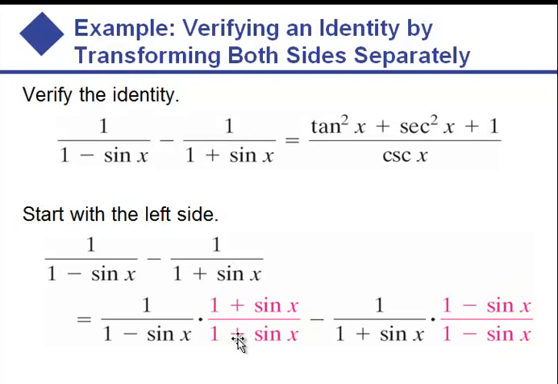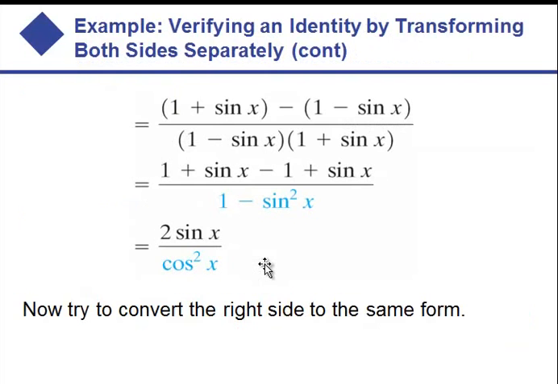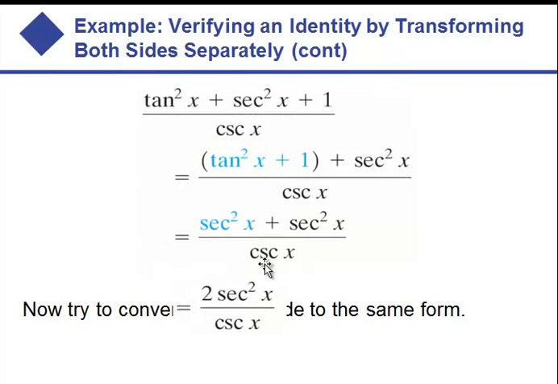And the only way to do that, right, is common denominator, which in this case just ends up being the product of the 2. And because they are conjugates of each other, you just get 1 over sine squared, which by the substitution is cosine squared, and the top reduces down to 2 sine x.